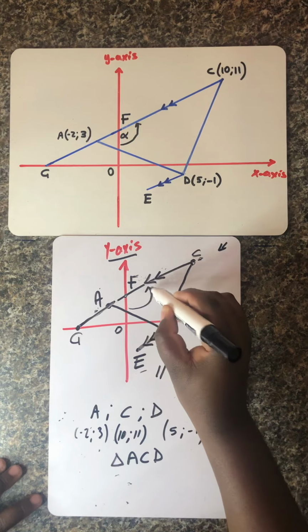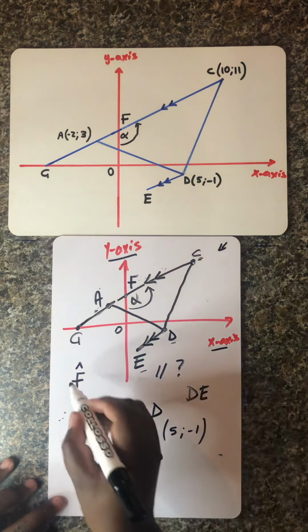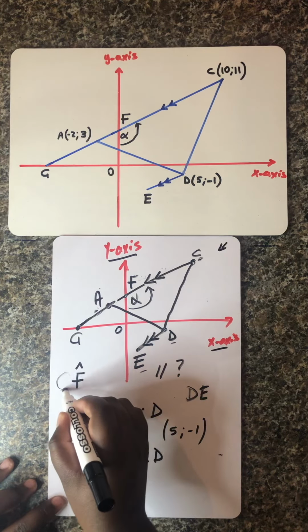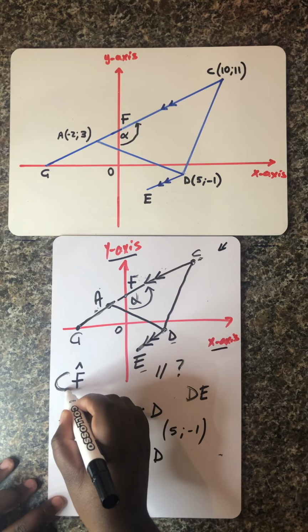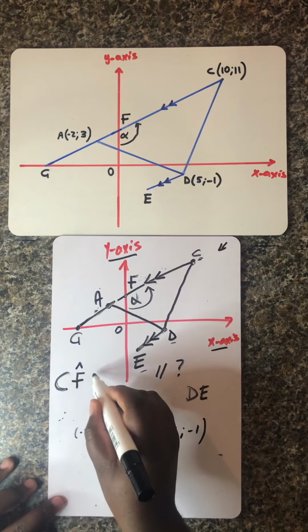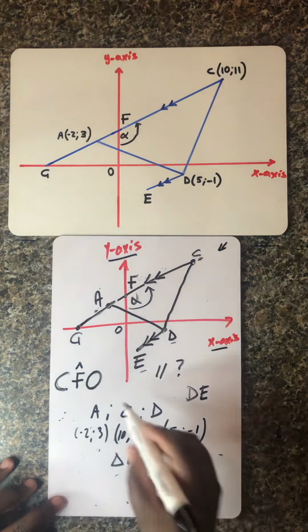We've got the angle at F, which is formed between F and origin, or F and O, and again between F and C. So let me just say it's an angle formed between FC and FO, and that angle is called alpha. Ladies and gentlemen, it's very much important that you understand this part.